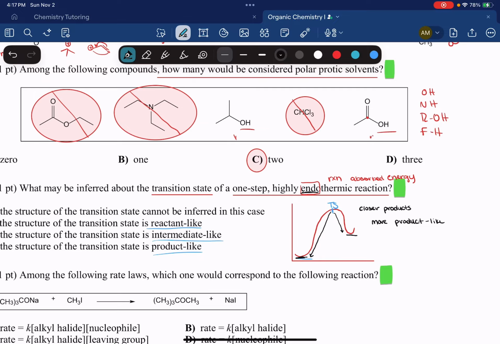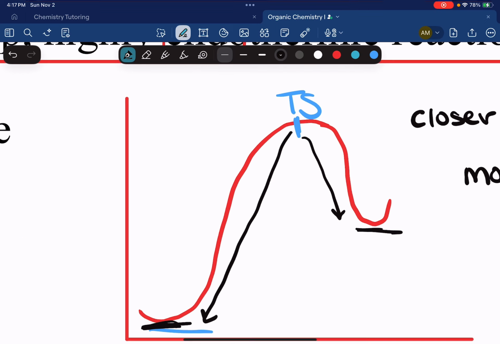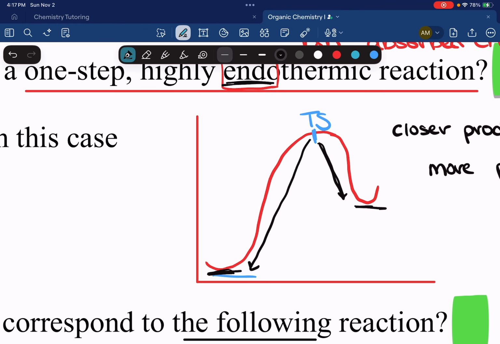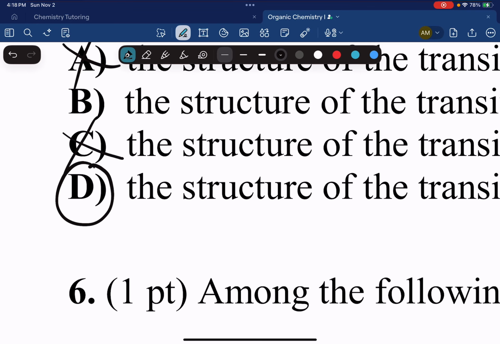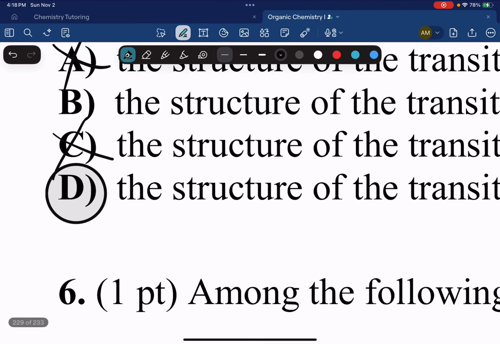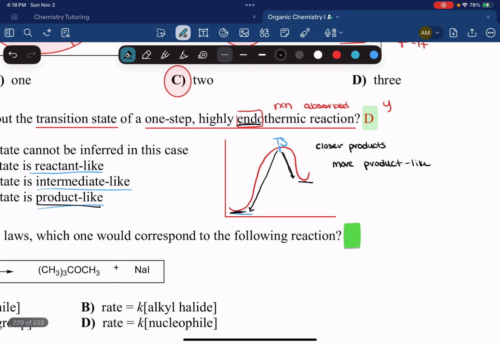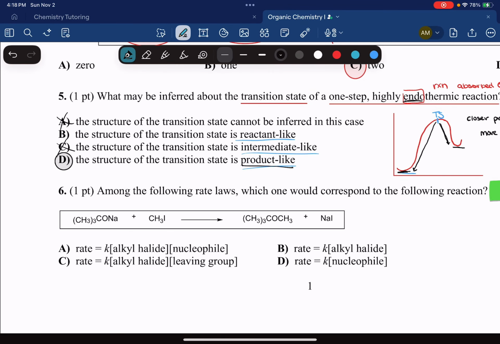That was the most important thing about this problem: it was endothermic, so our product was going to be higher than our reactants, meaning our transition state is closer to our products than our reactants. So our answer is D, because we are product-like. And it's D. Perfect.